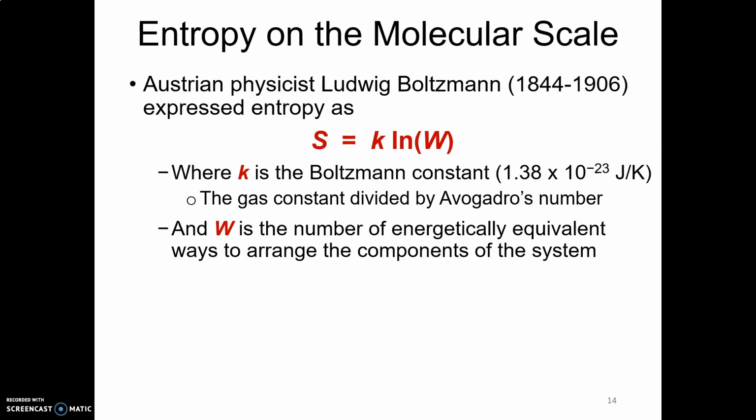And capital S entropy is equal to his constant, which, yes, I understand little k is also the rate constant, but it's also the Boltzmann constant. And that number, 1.38 times 10 to the negative 23rd joule per Kelvin, comes from the gas constant, 8.314 joule per mole Kelvin, divided by Avogadro's number, 6.022 times 10 to the 23rd. That's where the number comes from.